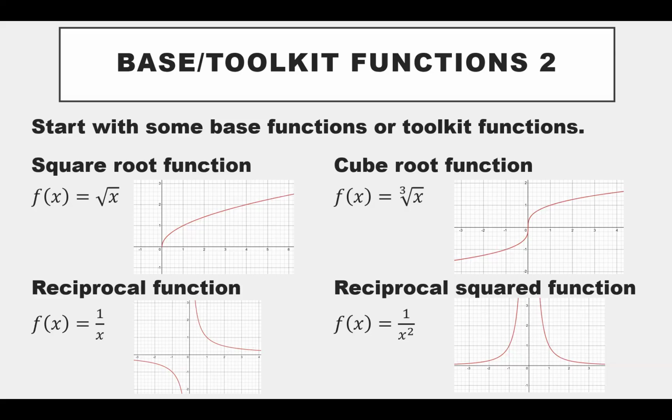That's the reciprocal. The reciprocal squared function is 1 over x squared. It looks like this. Notice you approach the y-axis both from the left and the right as you approach 0, and they're both moving up. Whereas the base reciprocal function, one was moving down, one was moving up.